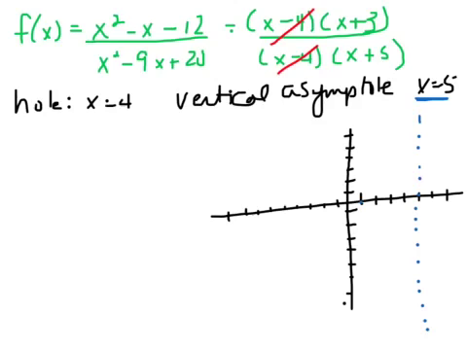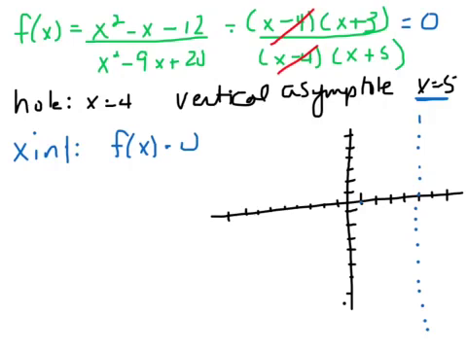Another important part of a graph is the x-intercept. And if you remember, x-intercepts occur where we set the function equal to 0. I want you to think about it. I've got that whole function up there. I could set it equal to 0. Now, the only part of a fraction that matters when you're setting a fraction equal to 0 is the top.